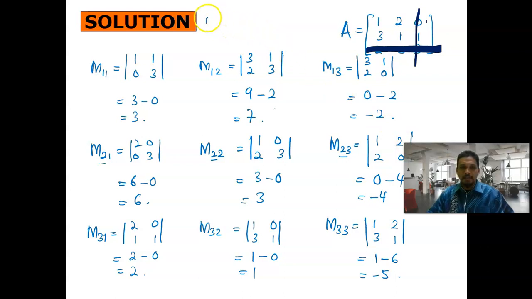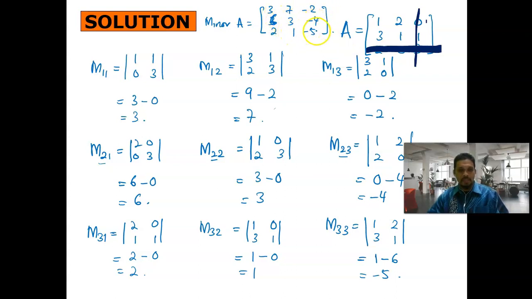So then minor of A, first we got 3, 7, negative 2. 6, 3, negative 4. And 2, 1, negative 5.